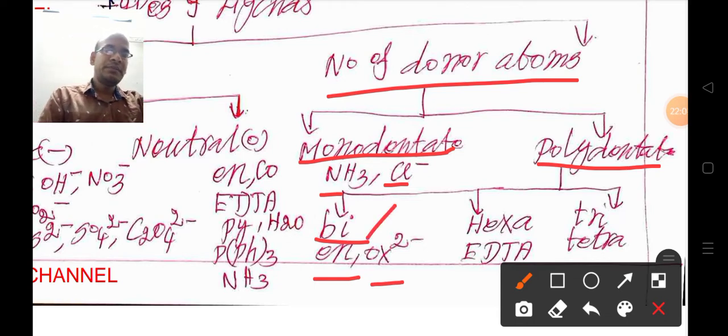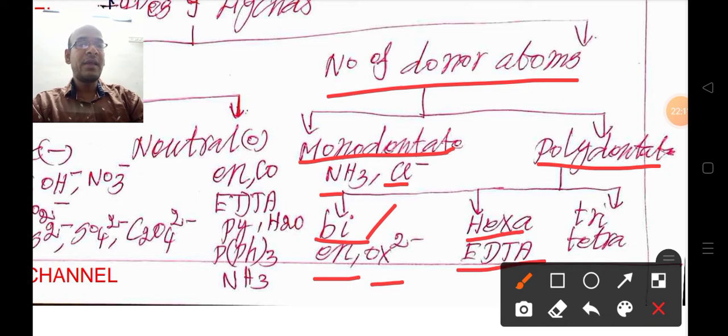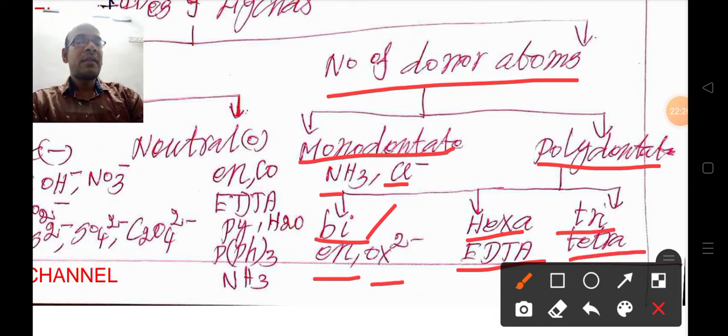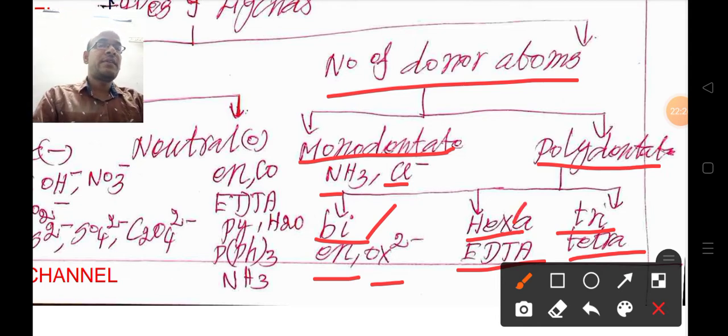First example, book back question. EDTA is a hexadentate ligand. This is used to find the coordination number of the complex ion. Tri and tetradentate ligands. Hexadentate means it has 6 donor atoms. Tri and tetra mean 3 and 4 donor atoms respectively.